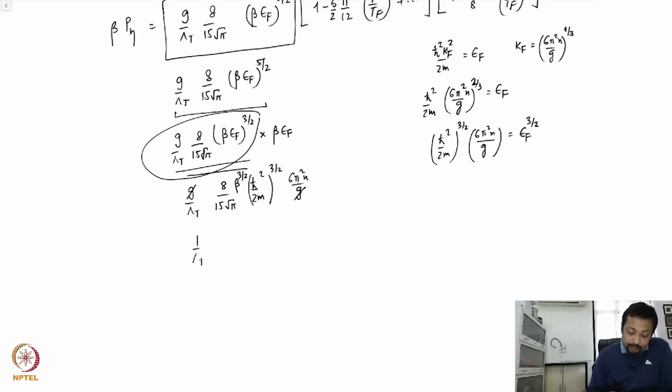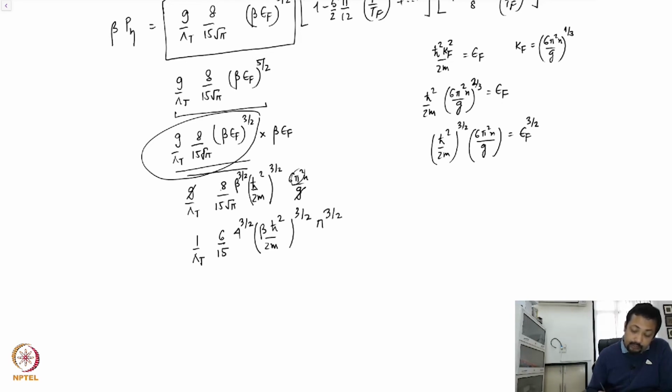1 over lambda_T. I have 6 over 15, I have (beta h bar squared over 2m) raised to the power 3/2. Now I have an additional factor 8, which I am going to write down as 4 to the power 3/2, and I have a pi squared, pi to the power 3/2.